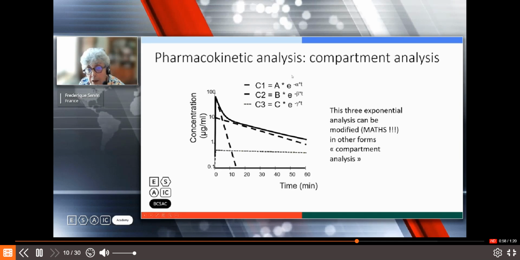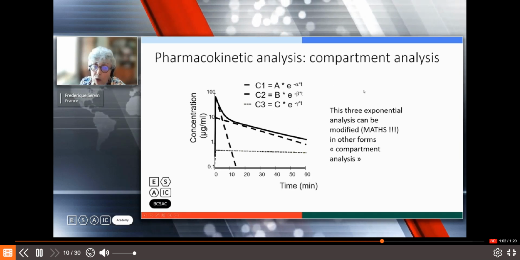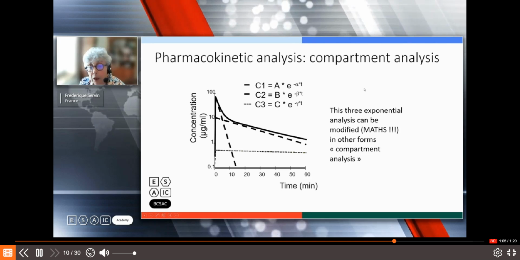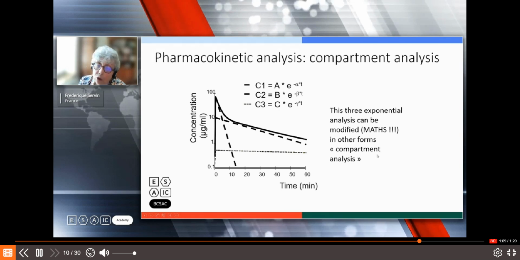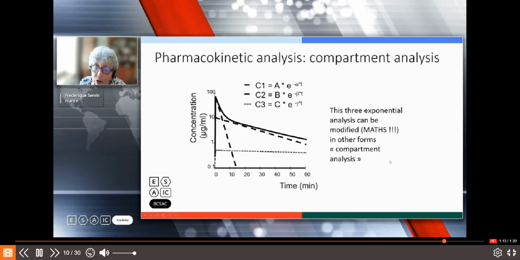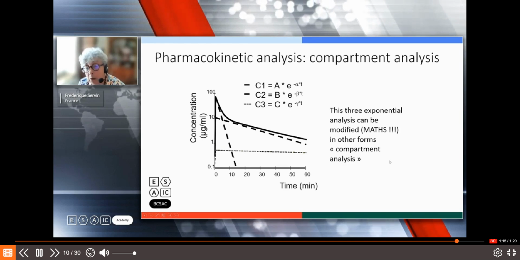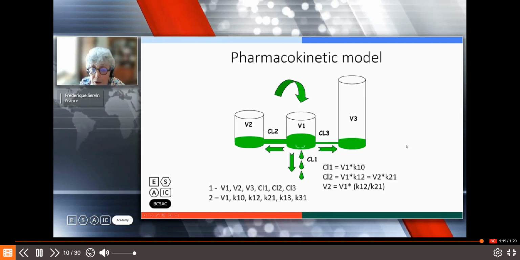When you have this equation of the sum of 3 exponentials, you can modify it through mathematical formulae to other forms which are more easily understood by clinicians. And one of the main forms is the bucket pharmacokinetic model.